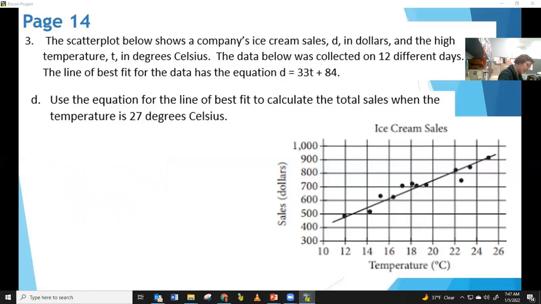So I have my equation. I want to use the equation for the line of best fit to calculate what this time? What am I wanting to calculate this time?